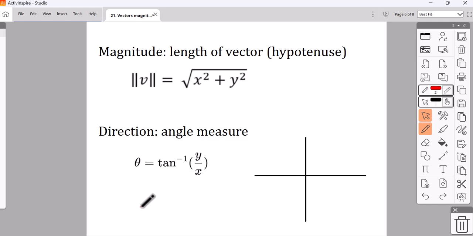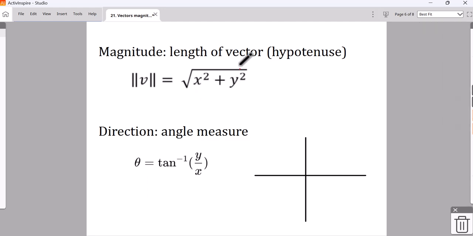Okay, when you're given x and y, the way to find the magnitude is hopefully something that you've seen before: Pythagorean theorem. It's x squared plus y squared equals your magnitude squared. And this is just the symbol for magnitude.